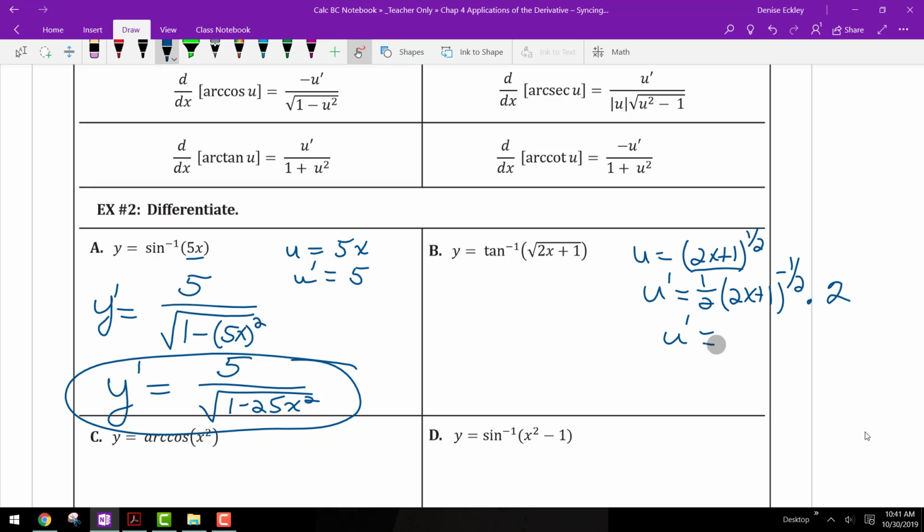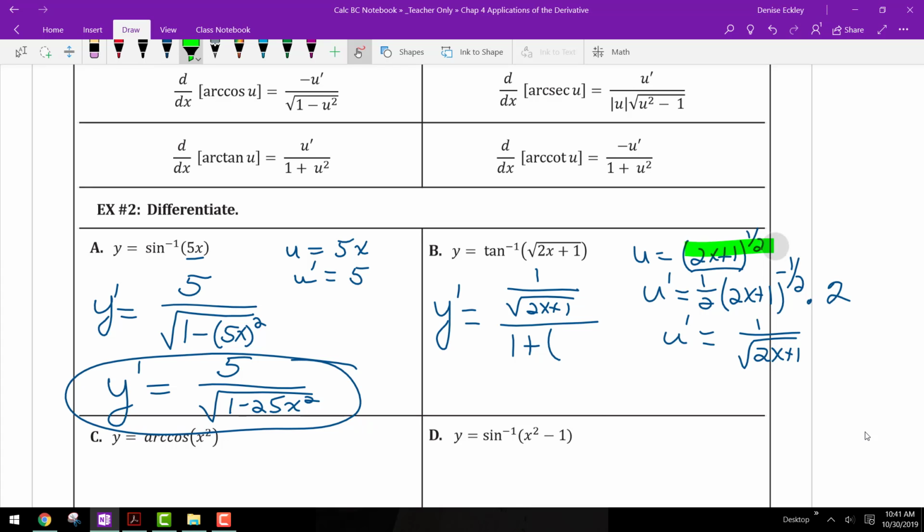So u prime becomes just 1 over the square root of 2x plus 1. Okay, so now our derivative for inverse tangent is going to be u prime, which is going to be 1 over the square root of 2x plus 1, and that's over 1 plus u squared. So u squared is going to be this squared, so it's just going to be 2x plus 1, because if I'm squaring the square root, I'm going to get that.